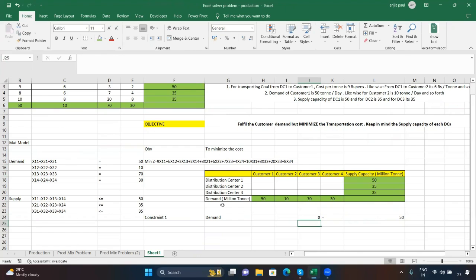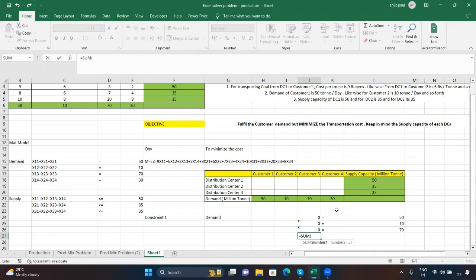Okay. For customer 2, this 3 equal to how much? 10. For customer 3, equal to how much? 70.